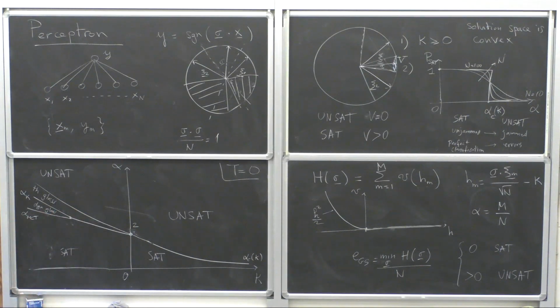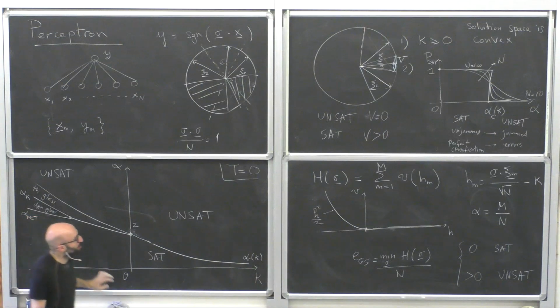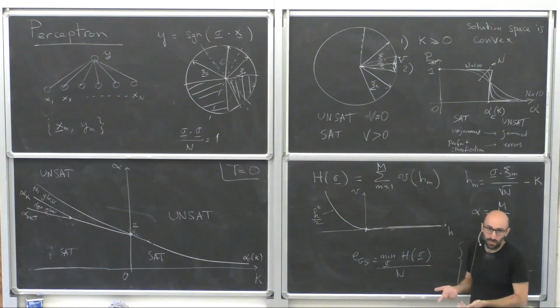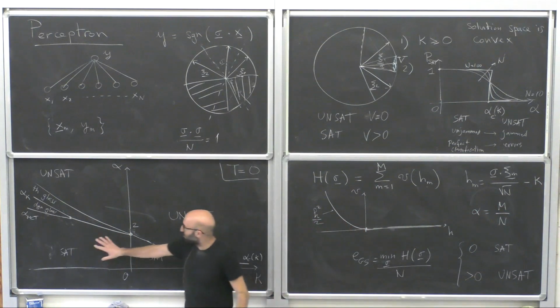In more general problems, like, for example, coloring or multi-layer neural networks, when you add layers, people have done something in that direction. The problem generically becomes non-convex, and then you have a situation that looks like this, where when alpha is small, the problem is sat, and on top of being sat, it is easy to find solutions because the system is ergodic.